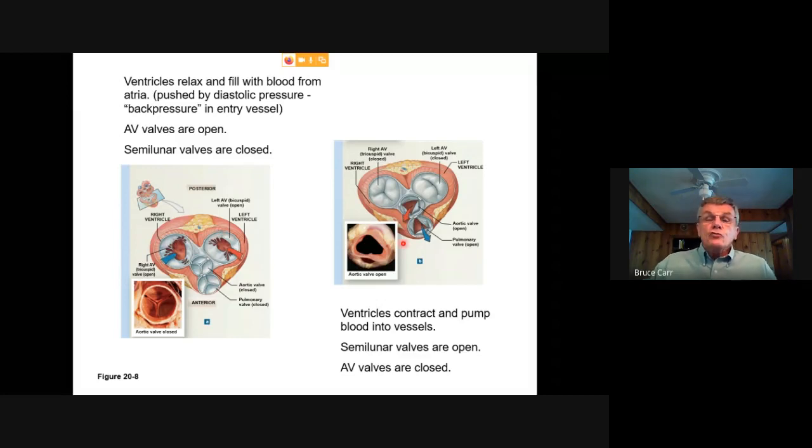When the ventricles contract, it pushes against the back of these valves, the atrioventricular valves, and basically billows them up and closes the pathway to the atrium. When the pressure of the blood in the ventricle reaches a certain point, and that point is defined by the pressure in the exit vessel above.